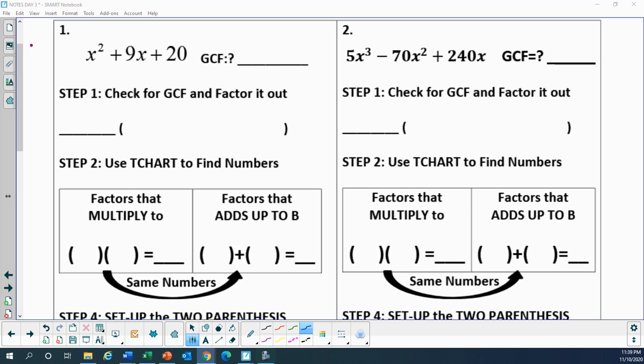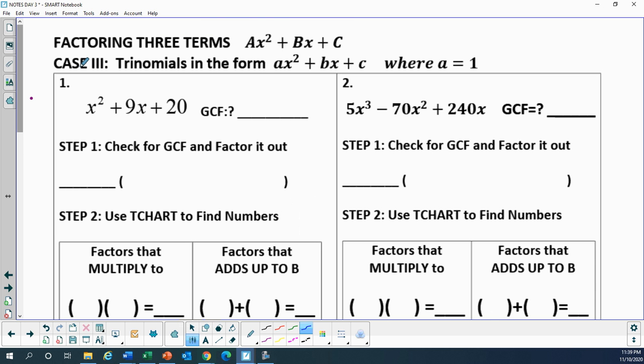All right, the second one is factoring when A is not equal to 1. Factoring three-term trinomials in the form ax squared plus bx plus c, but when A equals 1.